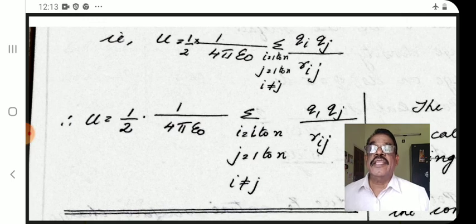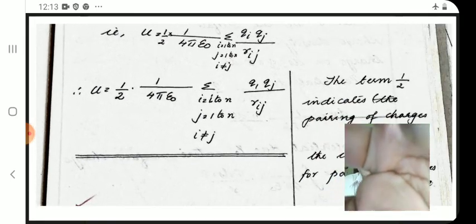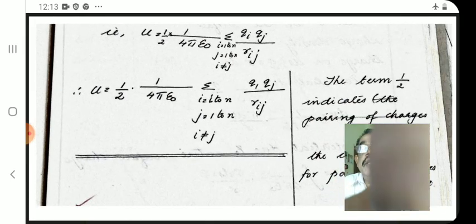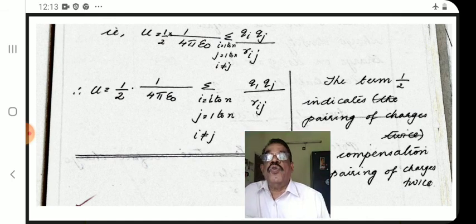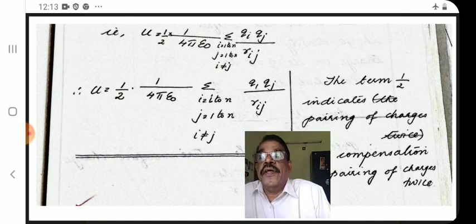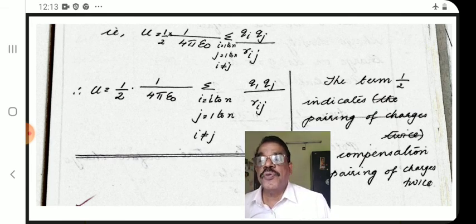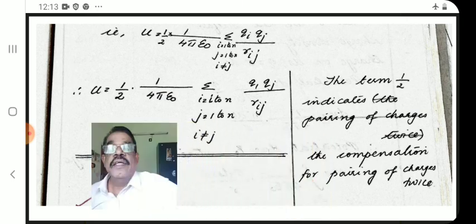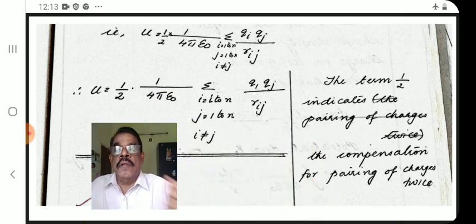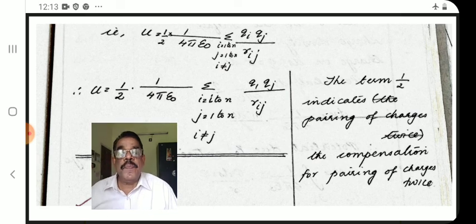Because this is an n charge distribution. For an n charge distribution, there is a possibility of calculating the force twice, that is R12 and R21, in that manner. The 1 by 2 factor is put for n charge distribution. The reason for the 1 by 2 factor is written in the margin. The 1 by 2 indicates the compensation for pairing of charges.